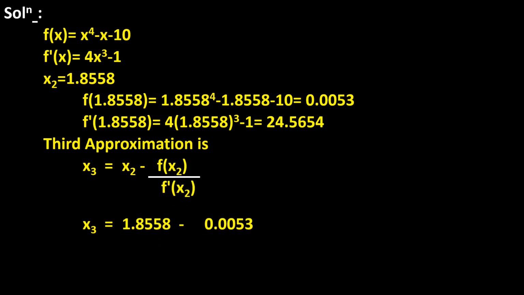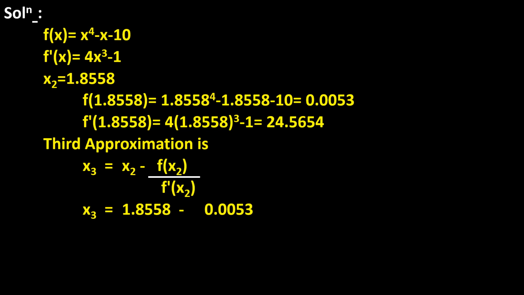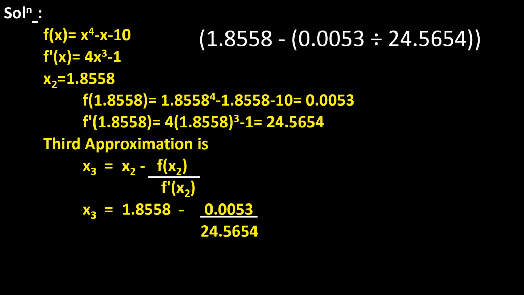We can write x3 is equal to 1.8558 minus 0.0053 divided by 24.5654. In the calculator we can write open bracket 1.8558 minus open the bracket 0.0053 divided by 24.5654, close the bracket, again close the bracket. This will give the answer 1.8558.